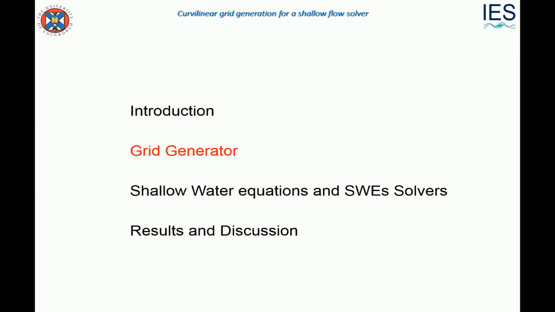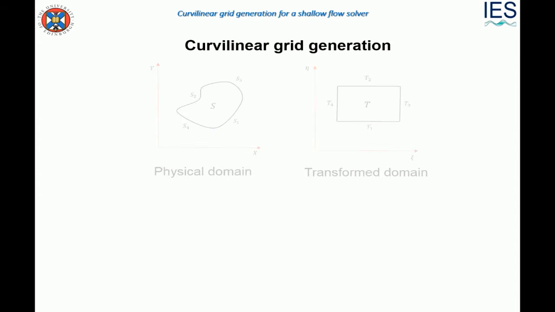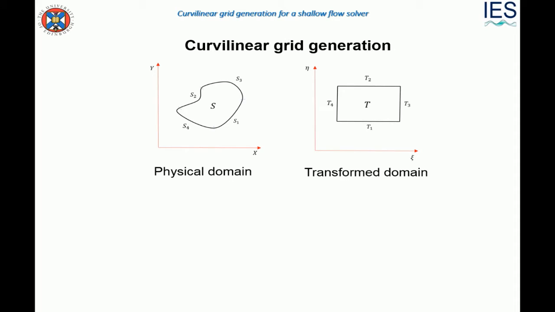Okay. Now, how can we simulate this curved river? One of the best ways for this type of problem is the curvilinear method. What is it exactly? It means we can map one irregular border in Cartesian system onto a rectangle in a transform system. How?